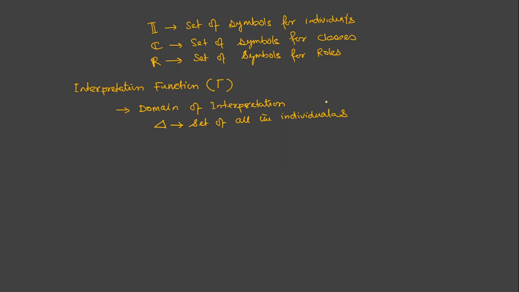Again, let me tell you that this set is different from this set of individual symbols. These are the sets of symbols, but this delta is the set of real things, right? You can think of this set delta to be the set of real things, right?